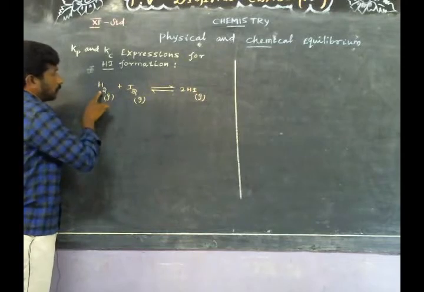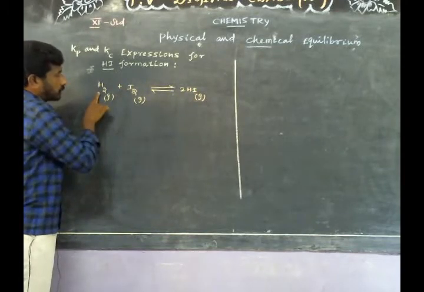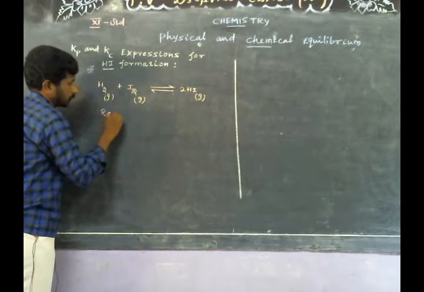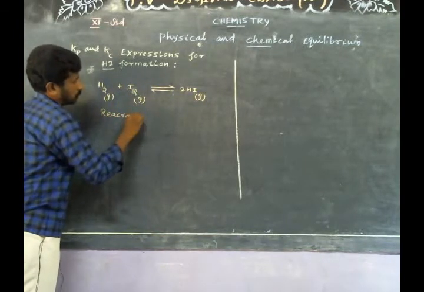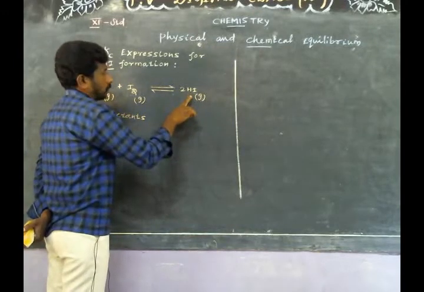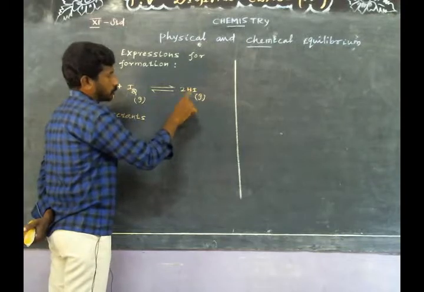Here hydrogen and iodine are reactants. Hydrogen iodide is product.